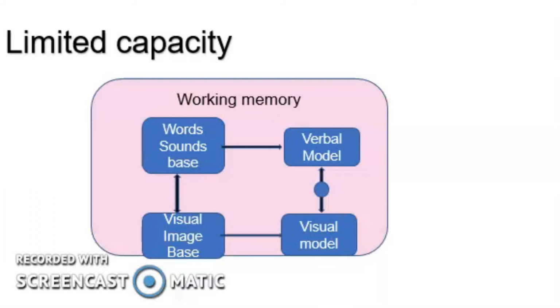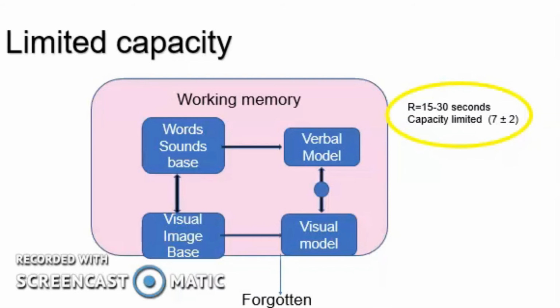It has an extremely limited capacity of about 7 chunks plus or minus 2, and it just retains the information for 15 to 30 seconds. As compared to this, the sensory memory and the long-term memory have almost infinite capacity. A lot of times we design our multimedia instructions in such a way that a lot of information overwhelms the working memory and a lot of learning is forgotten.